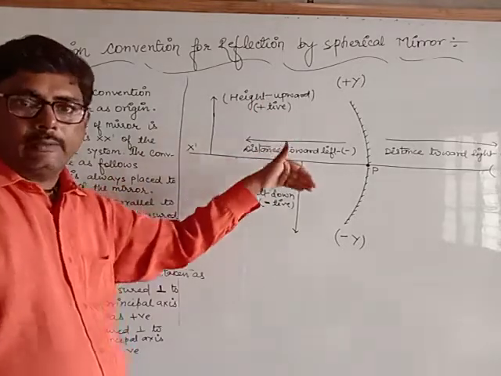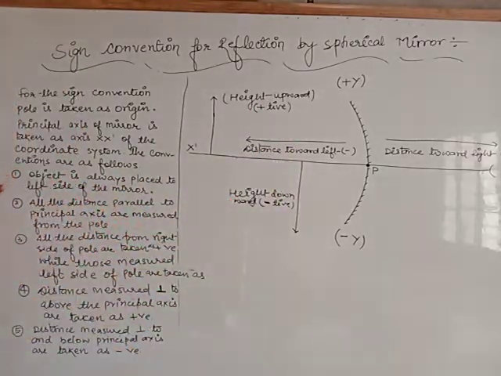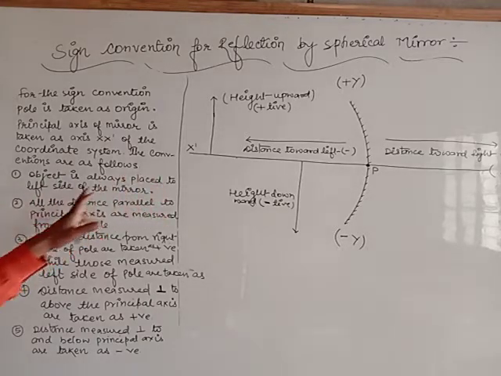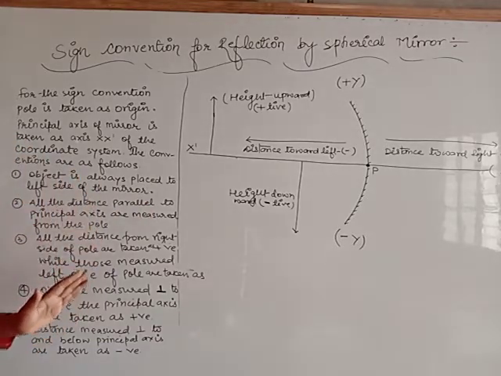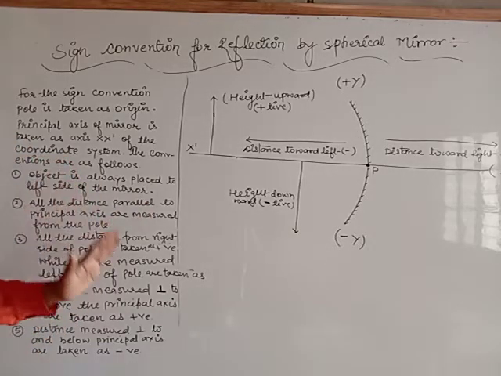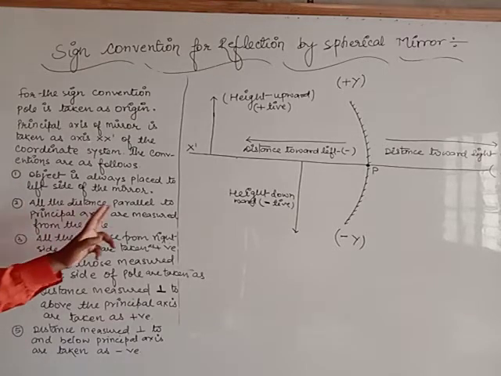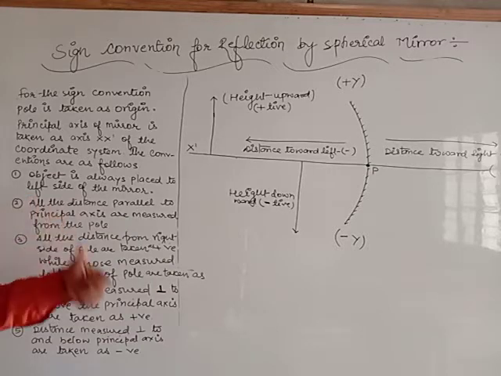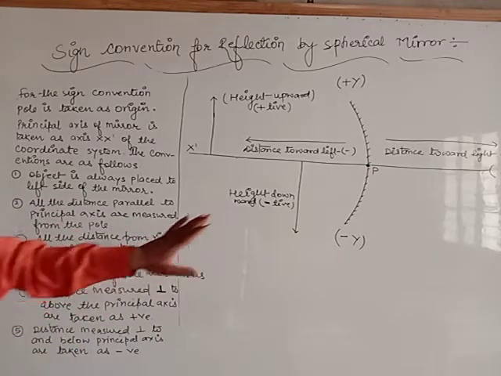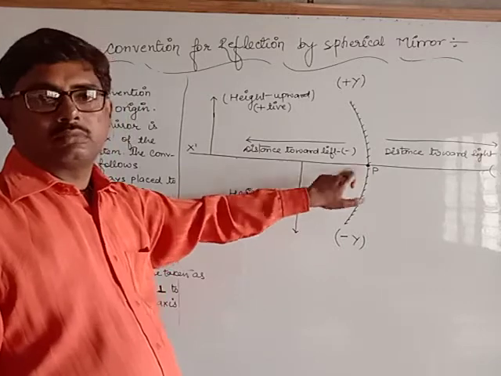What I told you is here in written form. The object is always placed to the left side of the mirror. All distances parallel to the principal axis are measured from the pole.